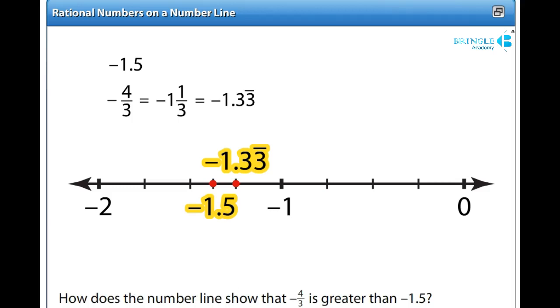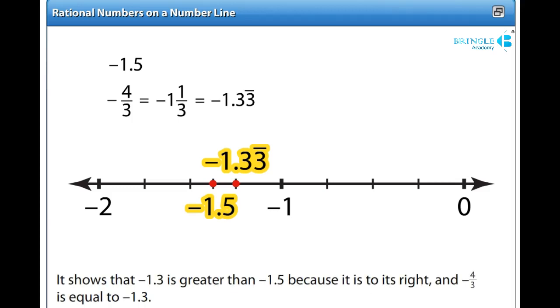How does the number line show that -4/3 is greater than -1 5/10? It shows that -1.3 repeating is greater than -1 5/10 because it is to its right, and -4/3 is equal to -1.3 repeating.